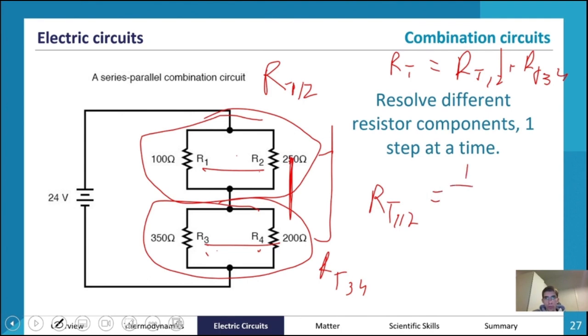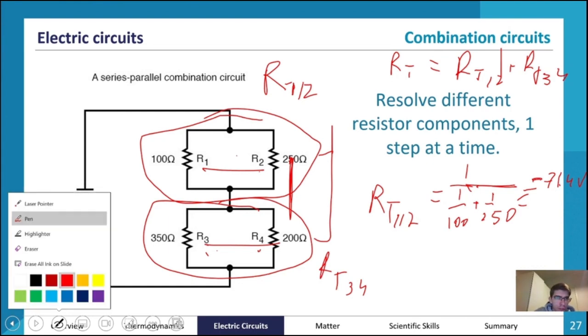That would be 1 on 1 on 100 plus 1 on 250, which will equal 71.4 volts.